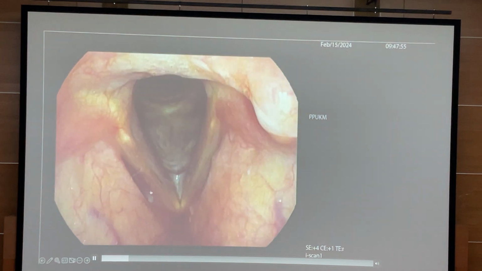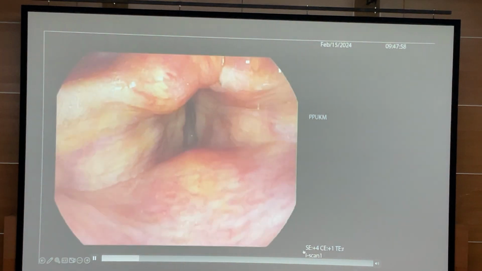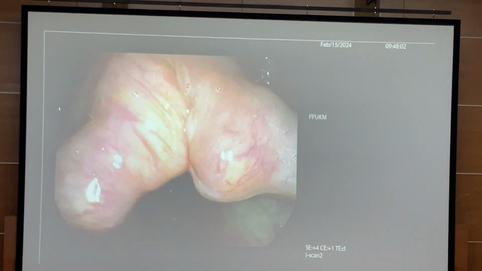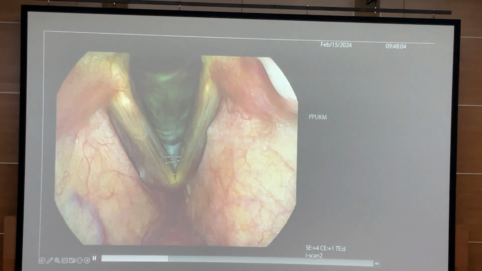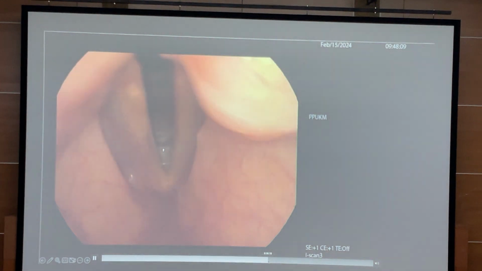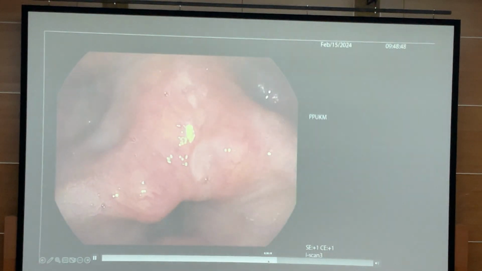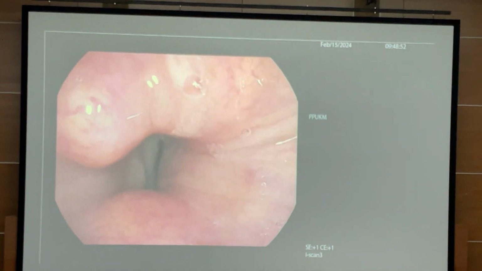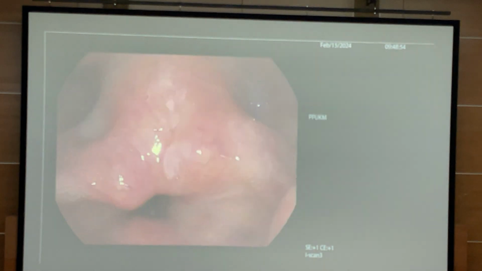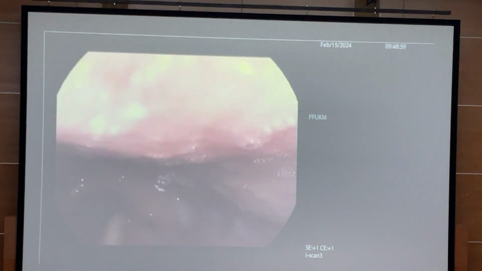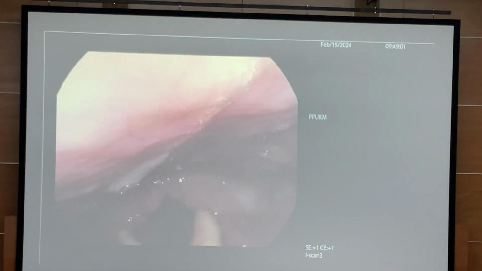With white light, if you're careful, you can see the sulcus, and when you use eye scan, it becomes more marked. You can see more obvious sulcus over there bilaterally. And on stroboscopy, this is asymmetrical mucosal wave, aperiodic. There's some part you can't see the vibration because of the false vocal fold. And there is muscle tension dysphonia.